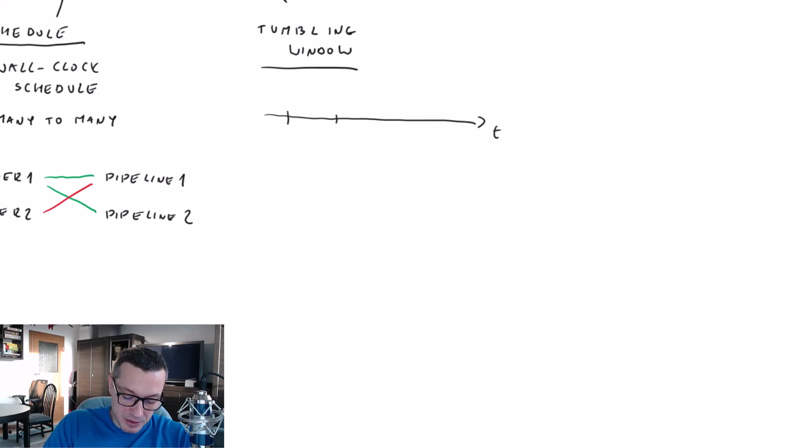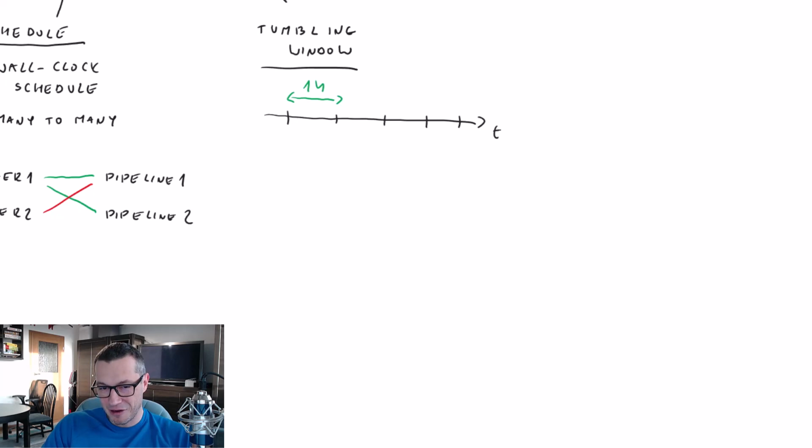Let's say we split it hour by hour, so the size of this interval is 1 hour, and we would like to execute our pipeline every hour. That's where the tumbling window is useful. So how does it work?